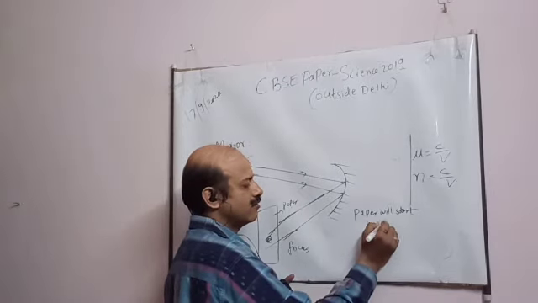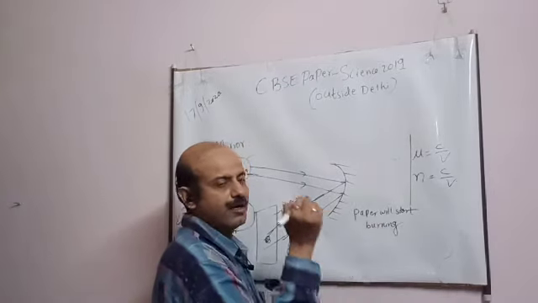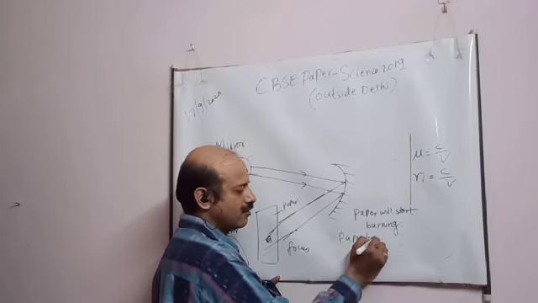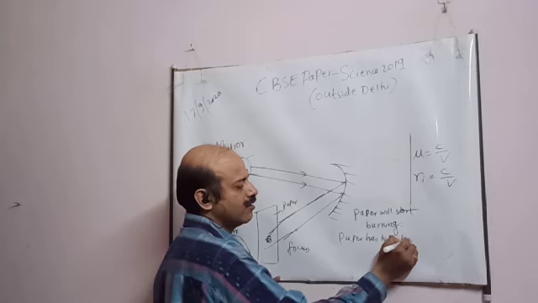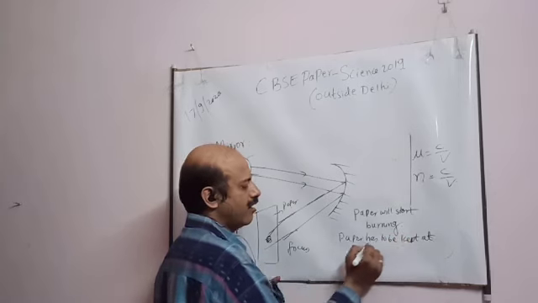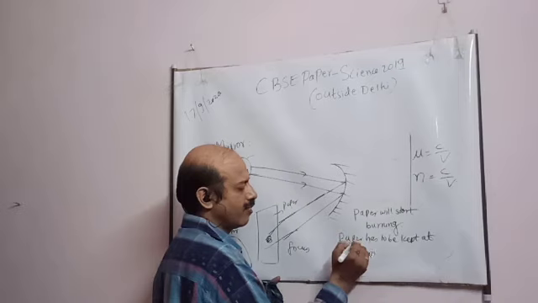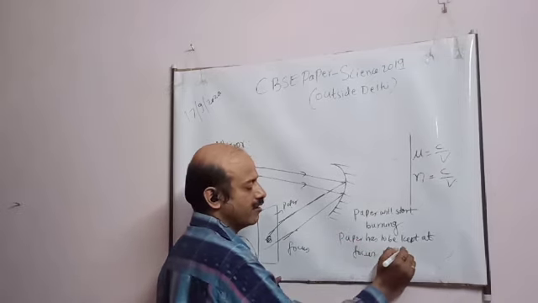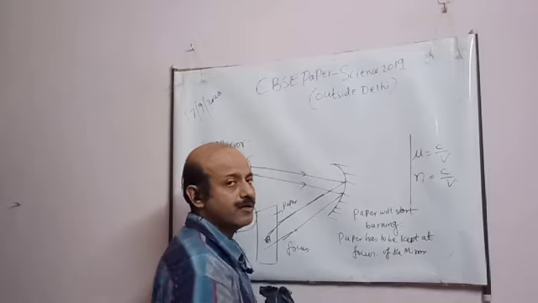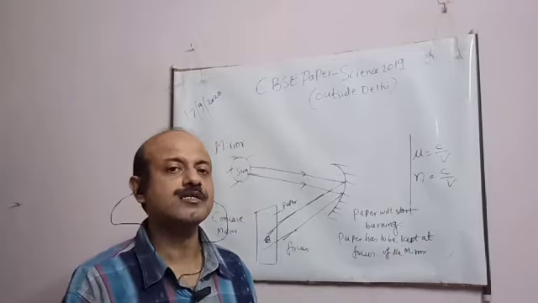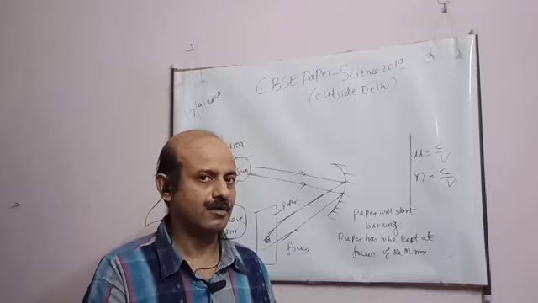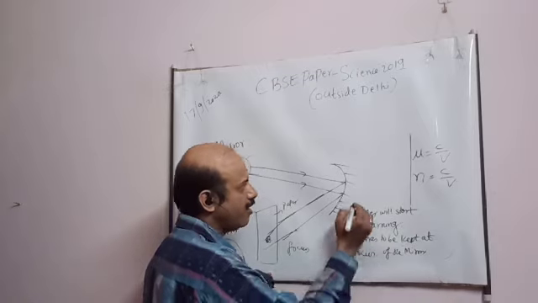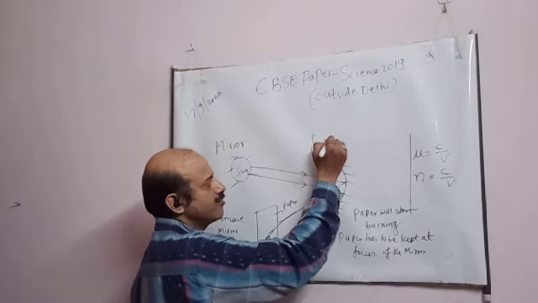And how will this burn? The paper has to be kept at the focus of the mirror. Or you can say that the point where the paper starts burning is the focus point, okay? Actually, it will be the focal plane. The image will form in the focal plane, student.